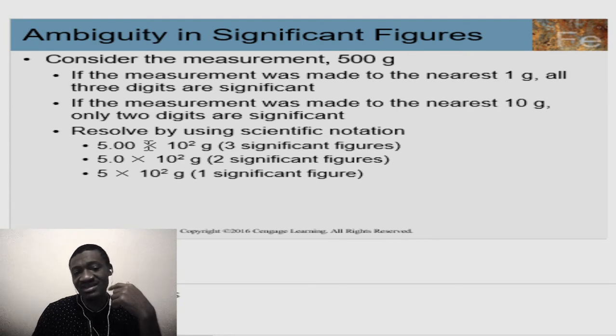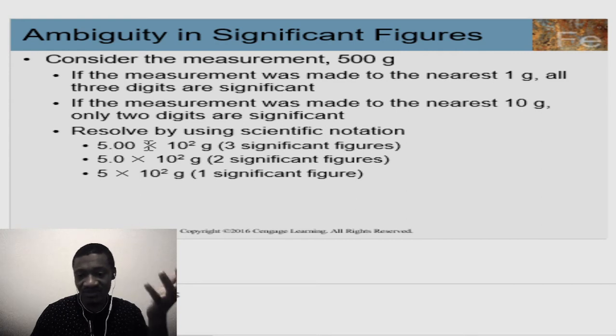So notice that it is 500 grams, but we have interpreted it in 3 different ways. And that is what ambiguity really is: one thing, but it comes in different forms. It's like you see someone here today, the same person there, it's everywhere, but it's the same person.